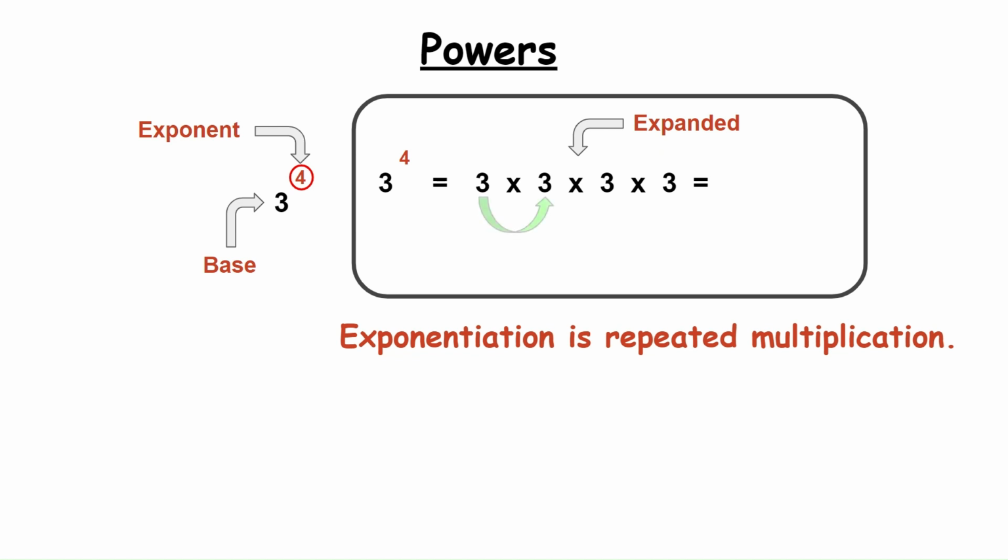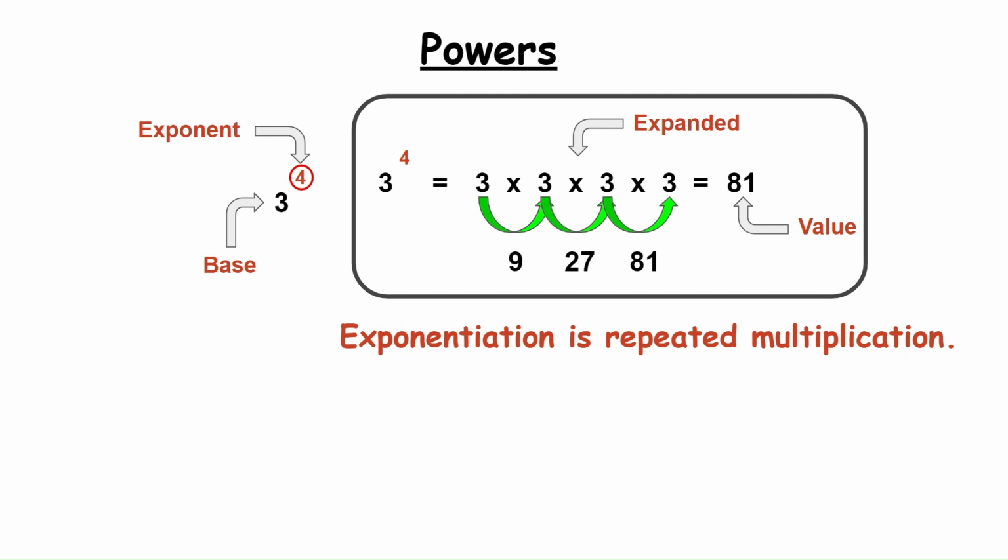And when we calculate it, 3 times 3 is 9. 9 times 3 is 27. And 27 times 3 is 81. Our final answer is called the value of the power. So our exponent tells us how many copies of the base need to be multiplied.